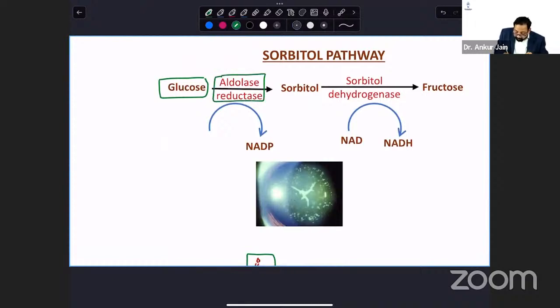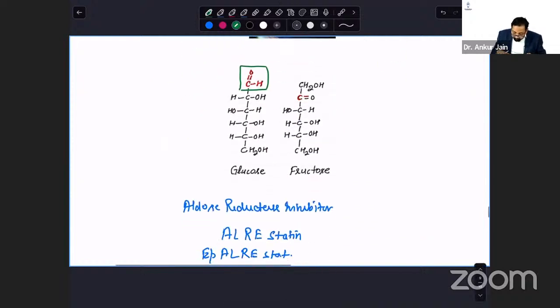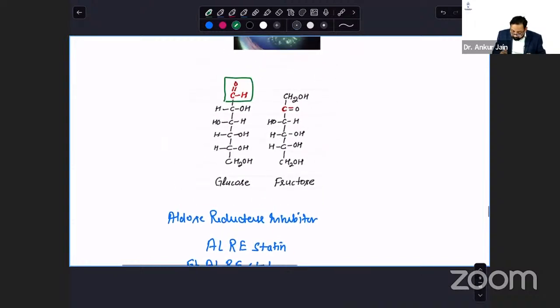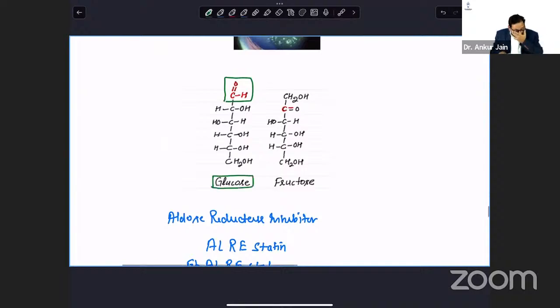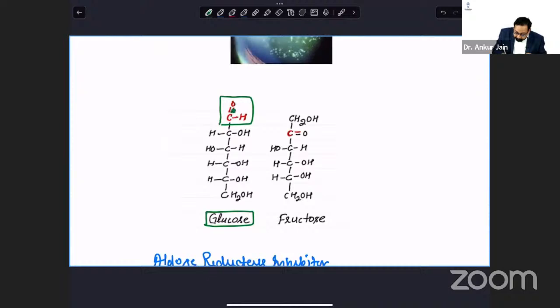Whenever reduction is required, NADPH is converted to NADP, and this glucose is converted to sorbitol. I have drawn this structure here. This is glucose. If I add two hydrogens at this point, with OH, OH, OH, OH, OH, OH.